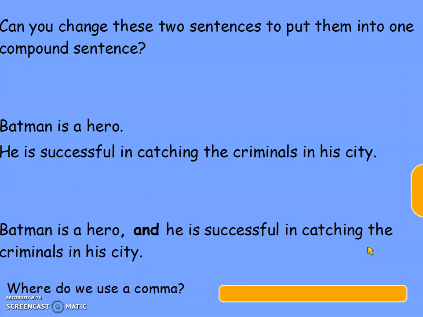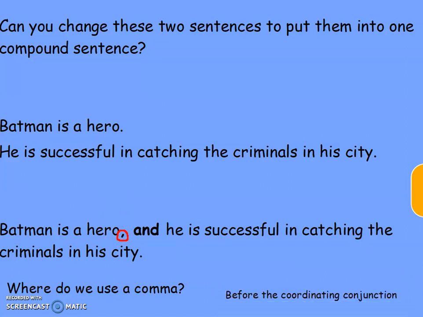In my sentence I've used a comma. What place did I use the comma? Let's circle it in the sentence. See that it's here. We've used it before the coordinating conjunction. Our coordinating conjunction is in bold, it's here, and.